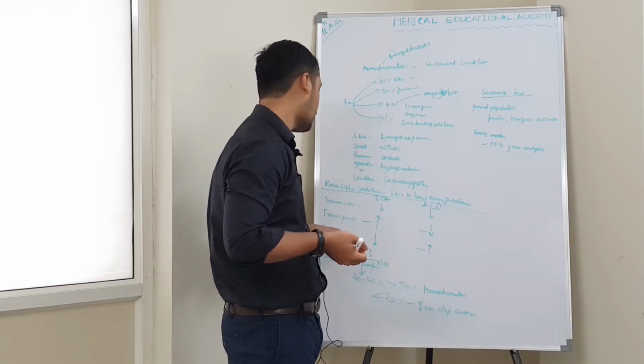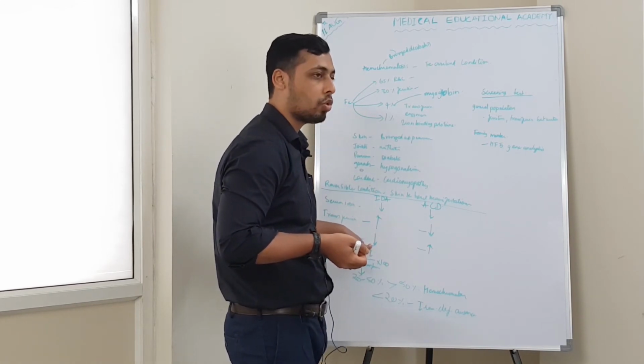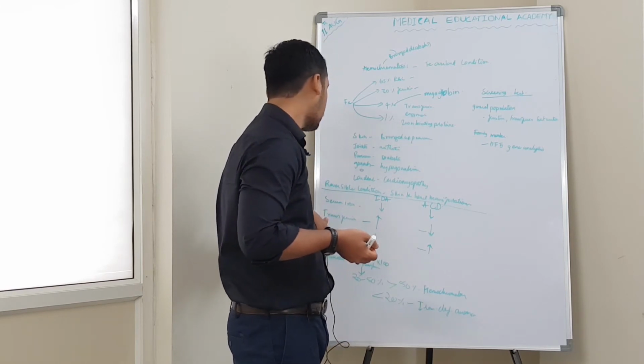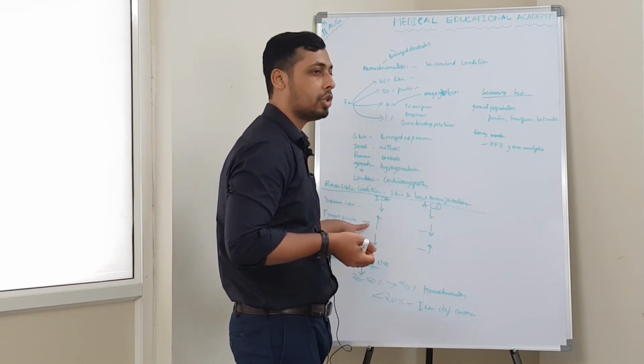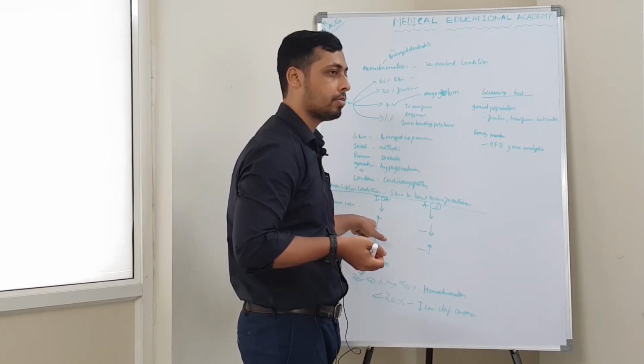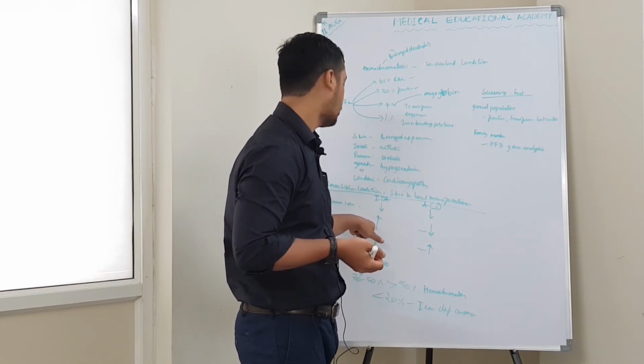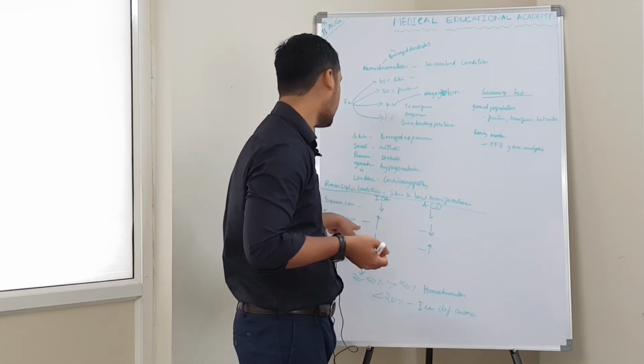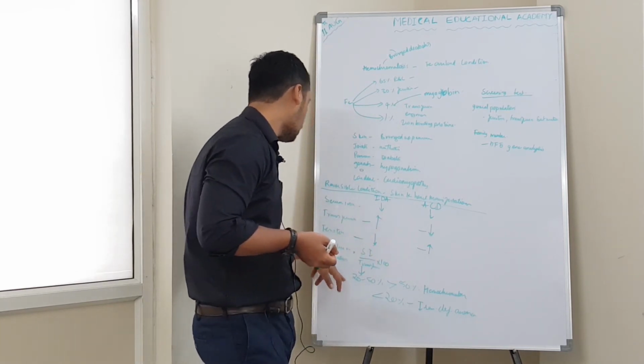If there is less iron in storage form, your liver would be producing lots of transferrin to bring lots of iron from the duodenum, right? So that's how the relation is between ferritin and transferrin.